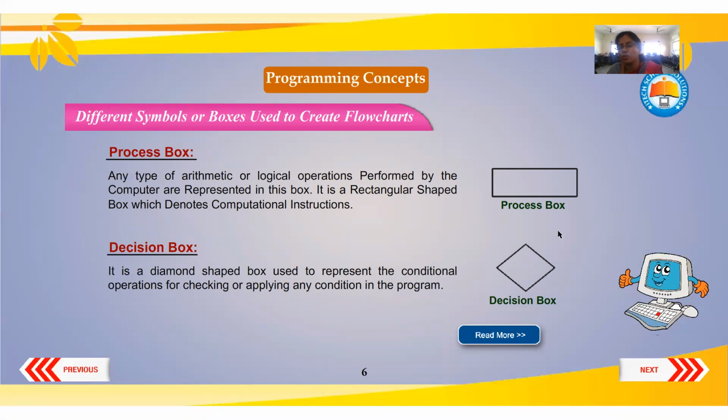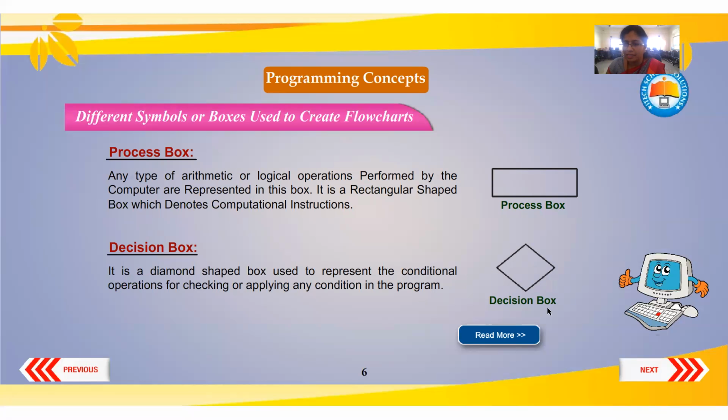So looking at this box only, we will be able to understand that this particular box belongs to some procedural steps being done by the computer, and this is a proper rectangular shaped box.